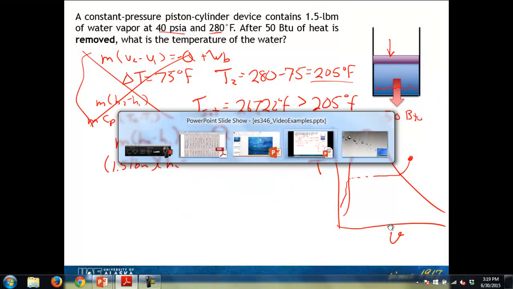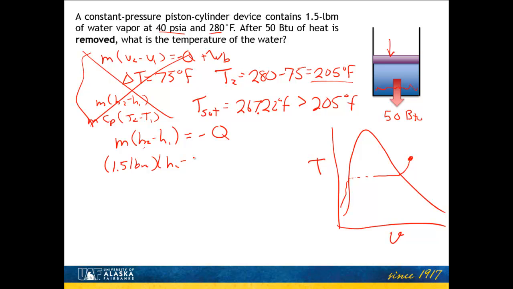So let's put that in there, 1176.6 BTUs per pound mass, and that is equal to minus Q, or equal to a minus 50 BTUs. And now I can go ahead and solve for H2, and H2 is going to be equal to 1143 BTUs per pound mass. And so now I know what this value is.